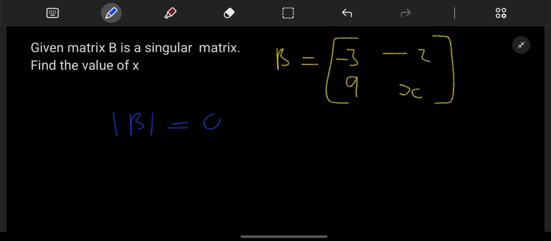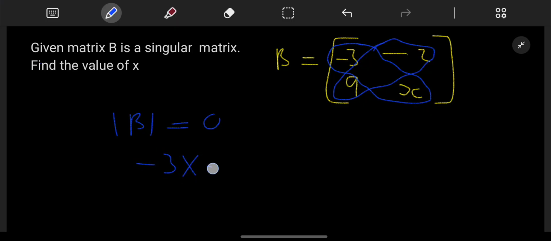So working out the determinant, we say minus 3 times x, subtracting 9 times minus 2, and we're going to get 0. So it will be minus 3 times x subtract minus 2 times 9 is equal to 0.